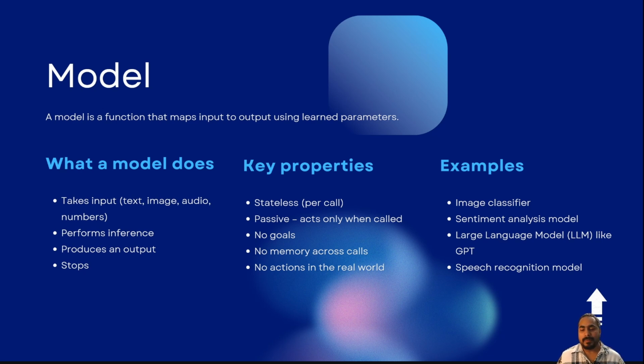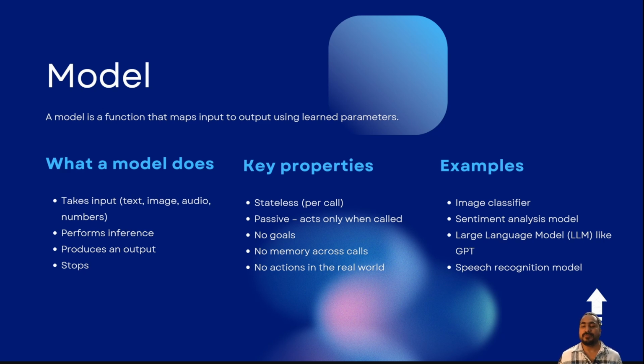A model cannot remember. Each call is independent. It doesn't know what you asked 5 minutes ago. A model cannot monitor and adapt. If something goes wrong, the model doesn't know. It can't check its own output and try again. A model cannot pursue goals. It doesn't want to help you. It statistically generates likely responses.